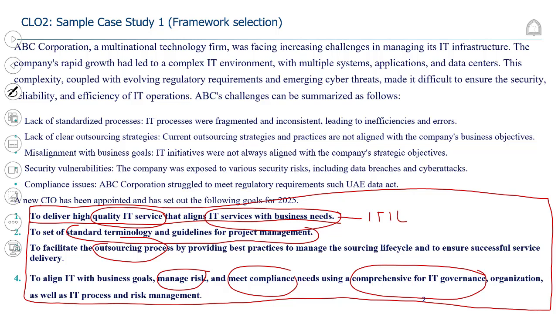The other things that you could have looked for are things like poor incident management, or anything to do with poor change management.